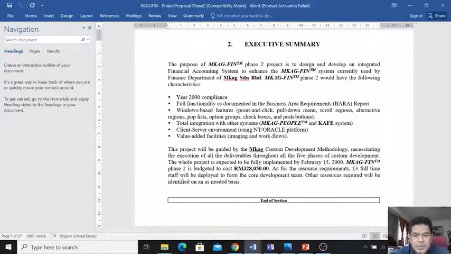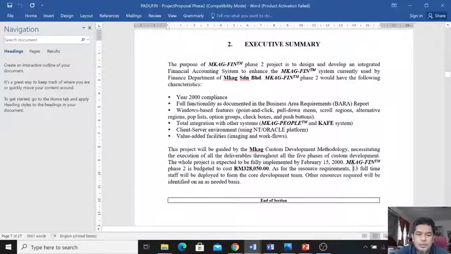So the reader can visualize that this project is quite big, and it is rational to spend about 328,000. Then you tell about the resources required.